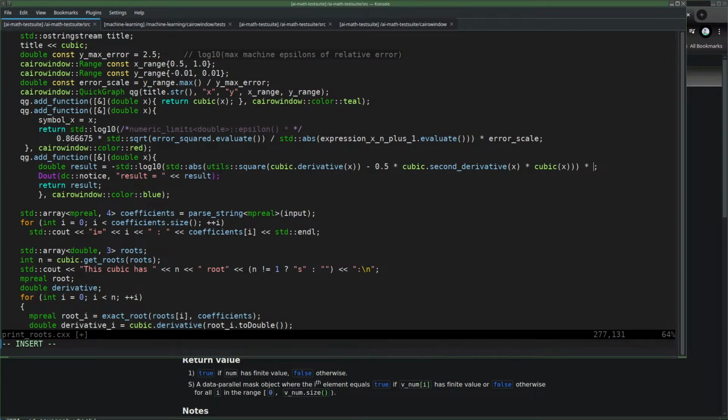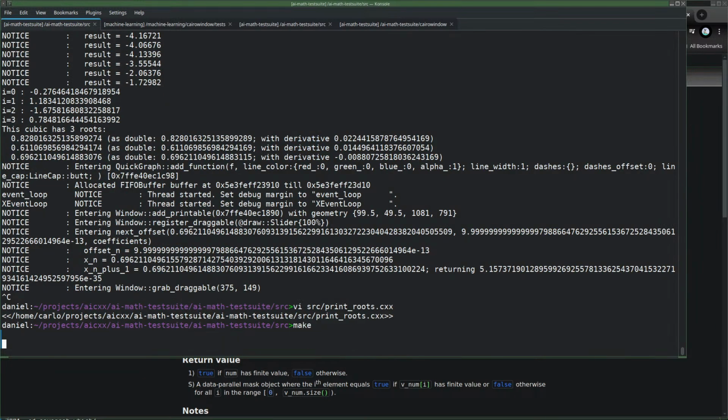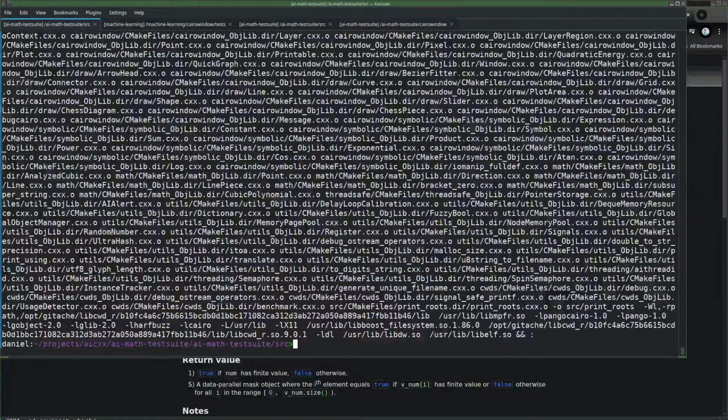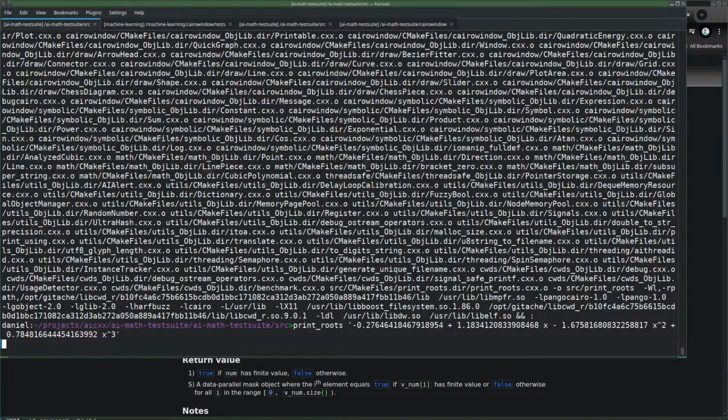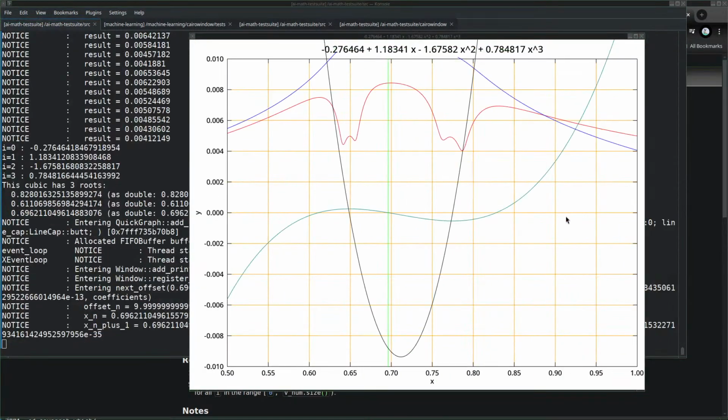What is the scale for this thing? Let's say 4 must become 0.01, so I need something like 0.01 divided by 4, something like this. There it is.